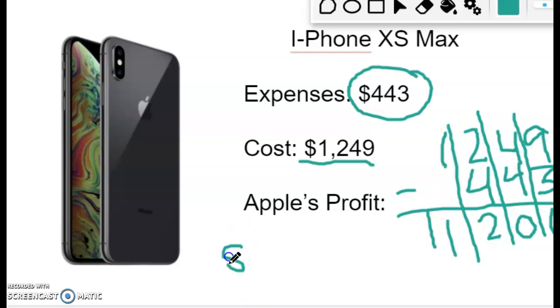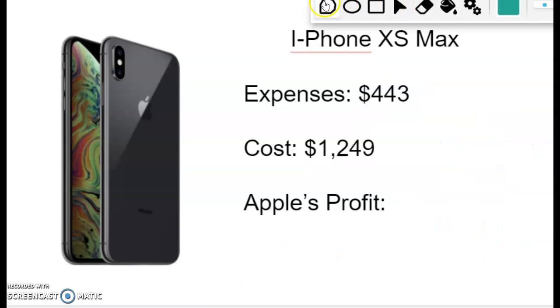So the profit is $1,206 per phone. So Apple is making $1,206 each time they sell a phone. Isn't that crazy?